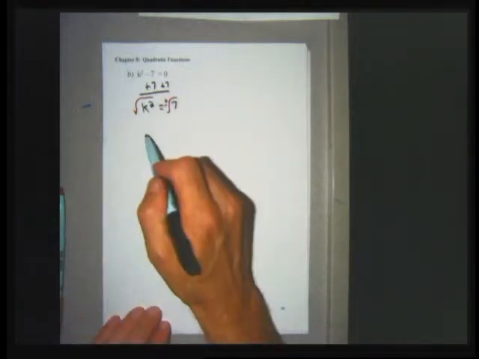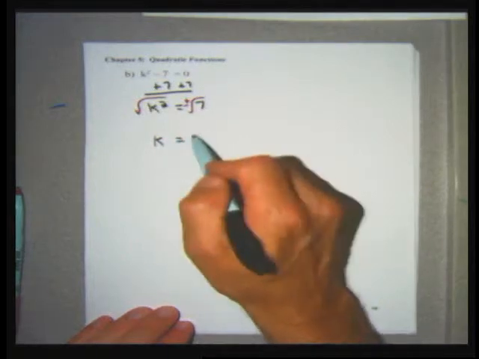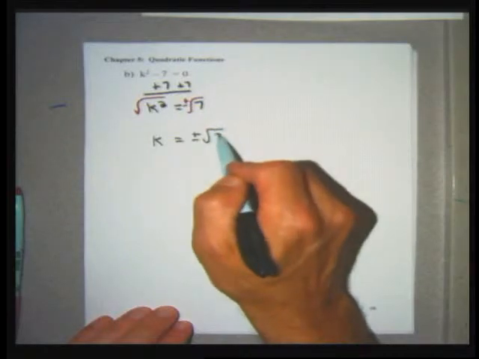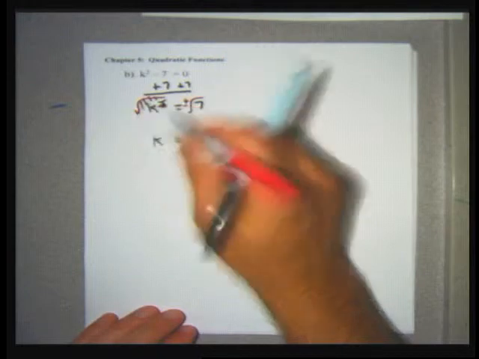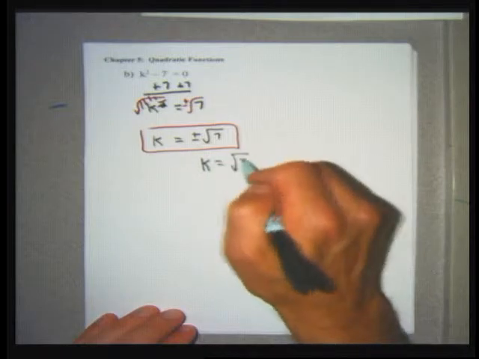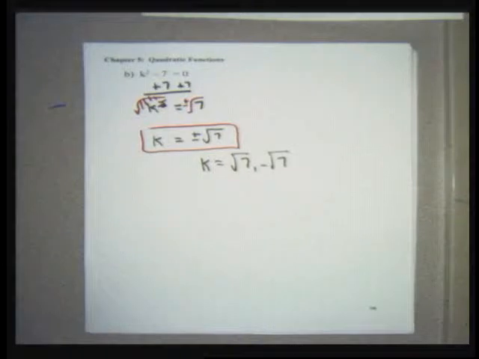On the left side, when you square root something squared, you just get the thing that was being squared. And because 7 is a prime number, that square root doesn't reduce, and I don't really want decimal answers. So I'm going to leave my answer just like that. And again, I could, if I really care to, write k equal to square root of 7 and minus square root of 7. But that's really not any better and takes more work, and I had to write it twice.